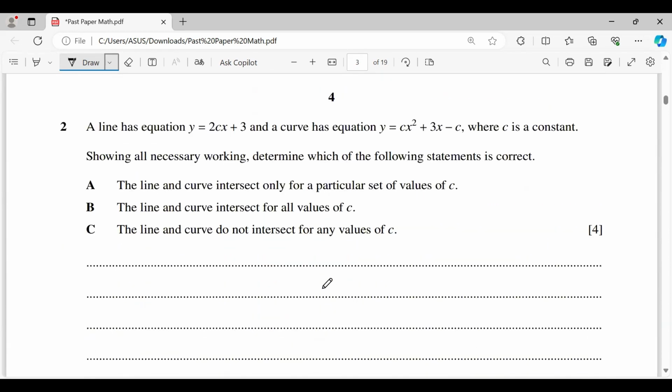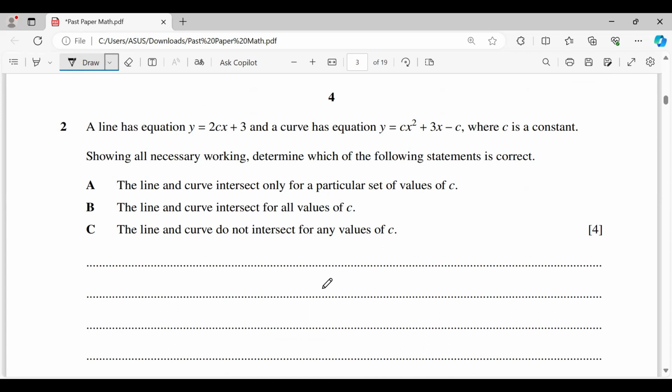2, a line has equation y equals 2cx plus 3, and a curve has equation y equals cx squared plus 3x minus c, where c is a constant. Showing all necessary working, determine which of the following statements is correct.